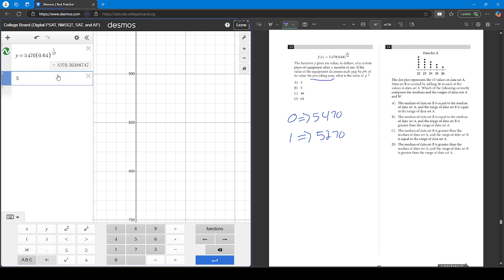So 5270 is how much of 5470? It's 96%. It's about 4% less. So in 12 months, 12 times 4, 36. It's decreasing about 36% each year, because each month it's decreasing about 4%.